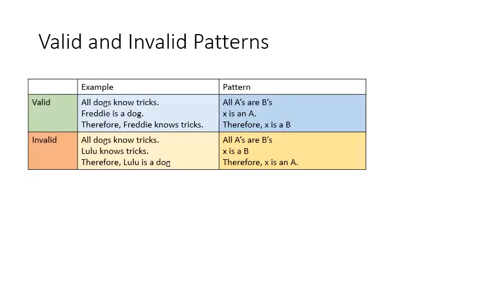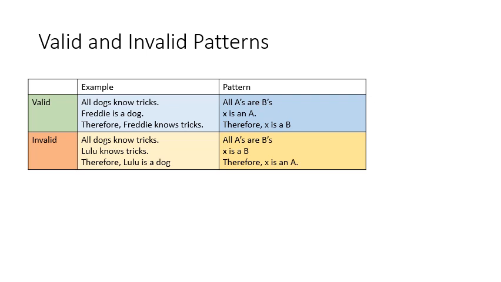Okay, so as I mentioned, validity is a feature of the logical structure or the pattern of the argument, and I just want to talk a little about patterns before moving on. We're going to look at two different patterns of arguments. This doesn't exhaust all of the valid or invalid arguments, and from your reading, you'll see that there are more valid patterns than the one shown here.